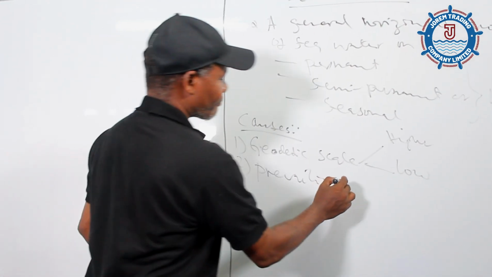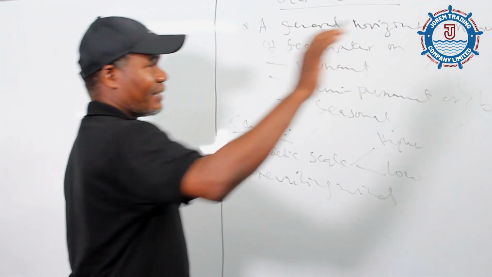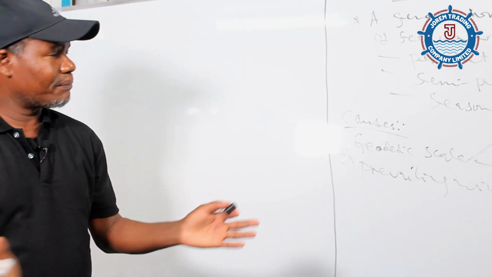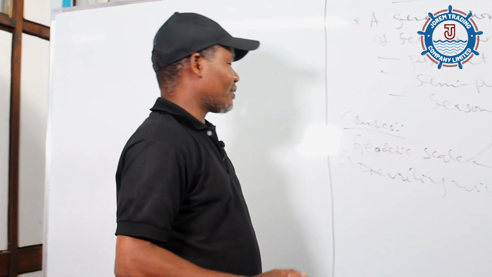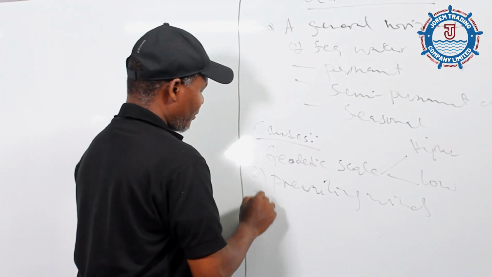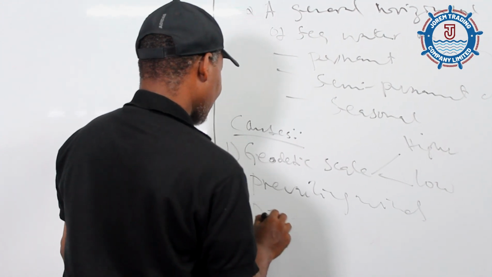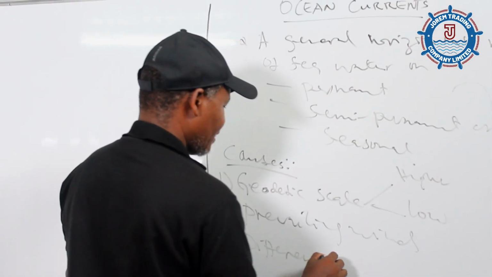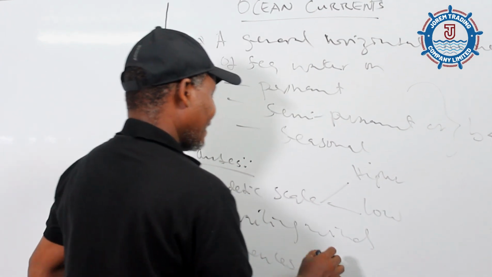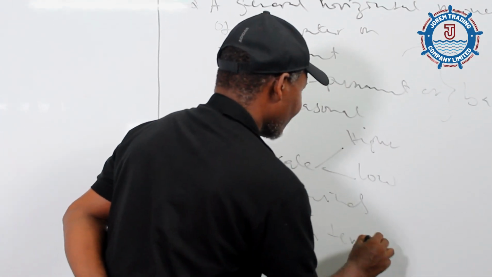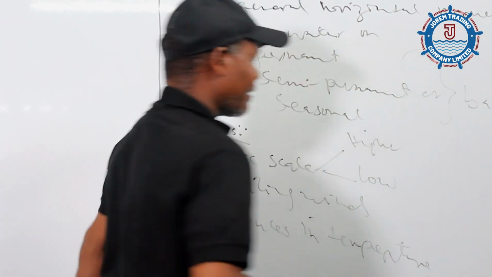Prevailing winds. Winds blowing on a certain area over a certain period of time cause the surface water to start moving. Third, differences in temperature.